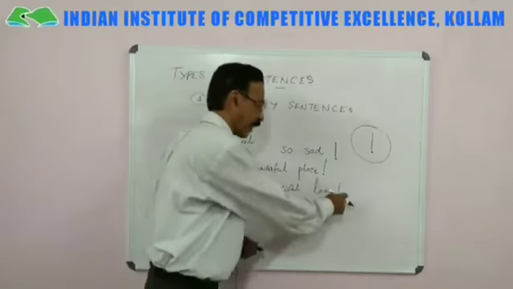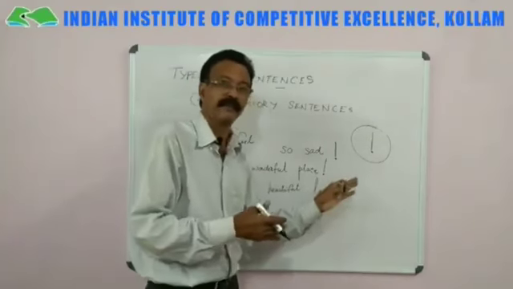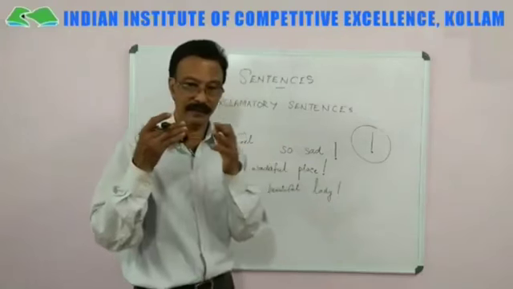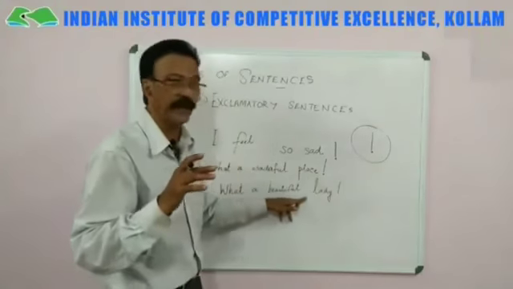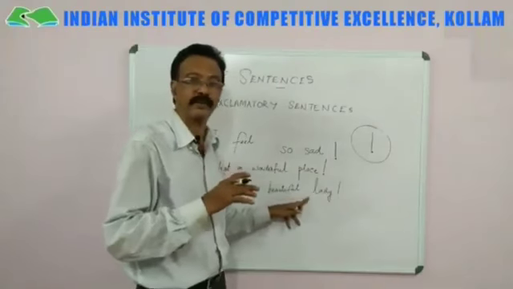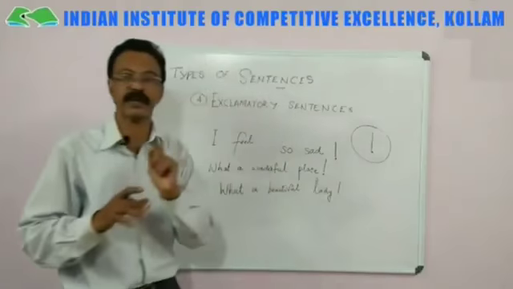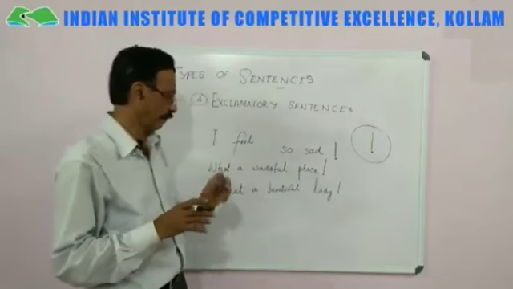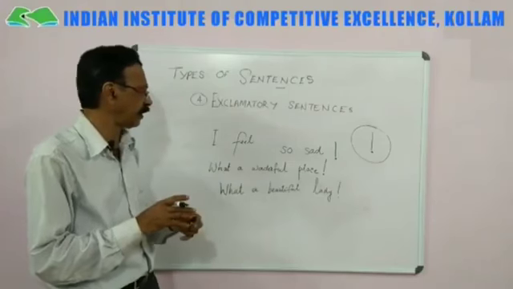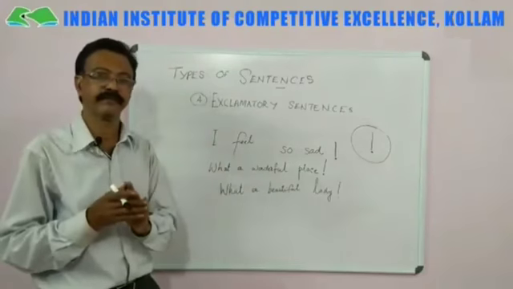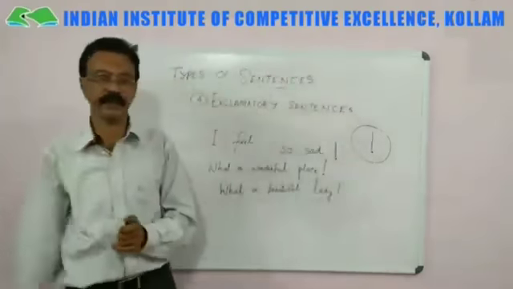As the exclamation mark is there, the person who reads it gets a feeling of the exclamatory tone. Seeing this exclamation mark, the reader reads, "What a beautiful lady!" For that you have to put an exclamation mark.